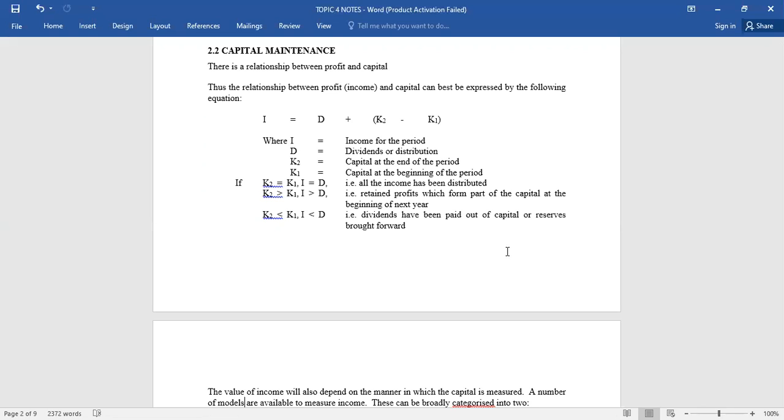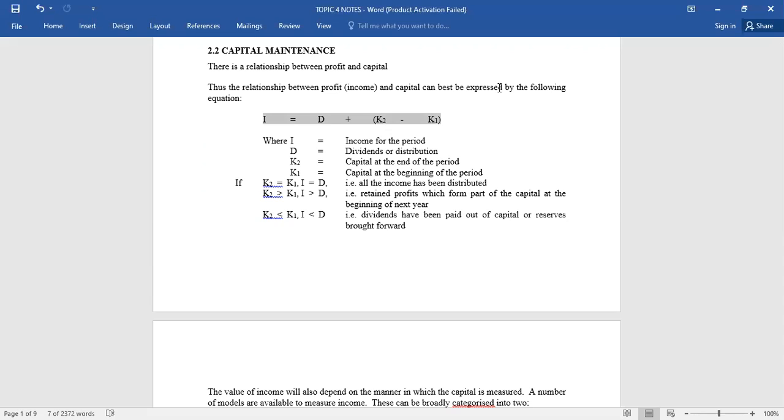So you can see the formula: I is equal to D plus, in bracket, K2 minus K1, where I is the income for the period, D is the dividends that are distributable, assuming this company is generating profit or dividends for its equity shareholders, K2 is the capital as at the end of the period, and K1 is the capital as at the beginning of the period.